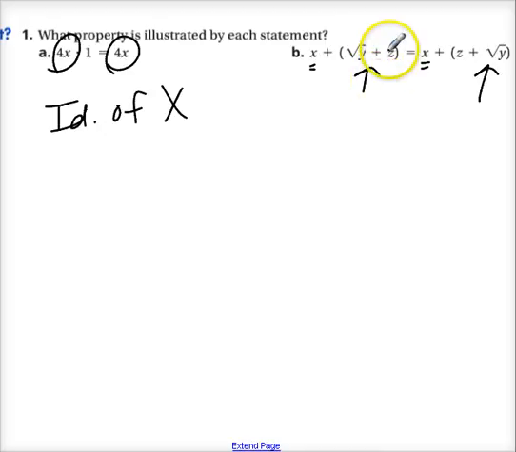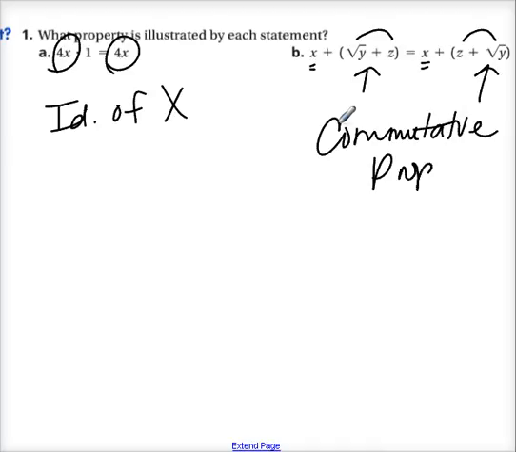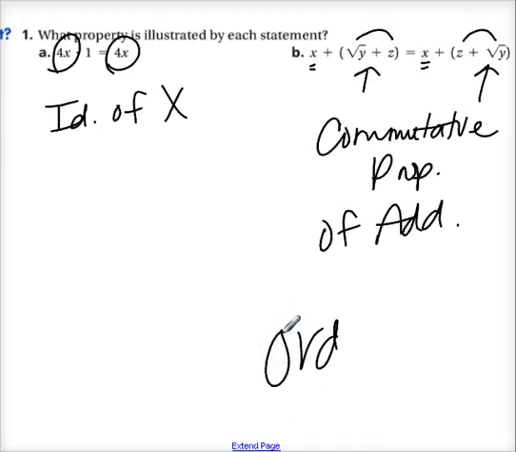What changed is the order within the grouping. Square root of y and z, z square root of y. This is a commutative property of addition because we only changed the order in which we were adding. So it's really important to look closely.